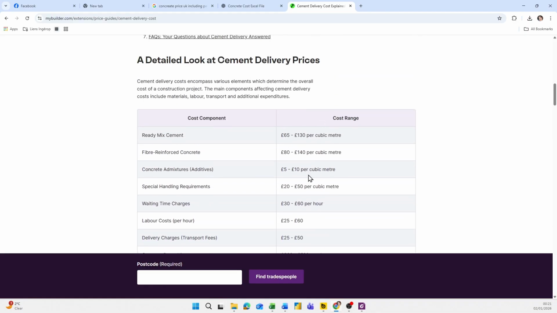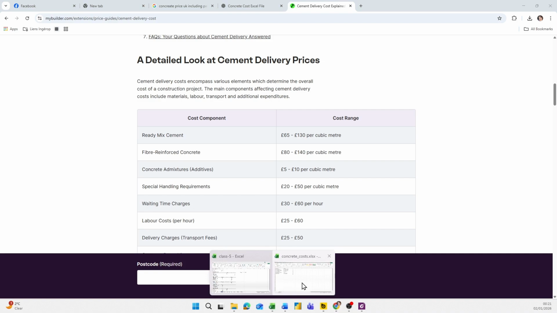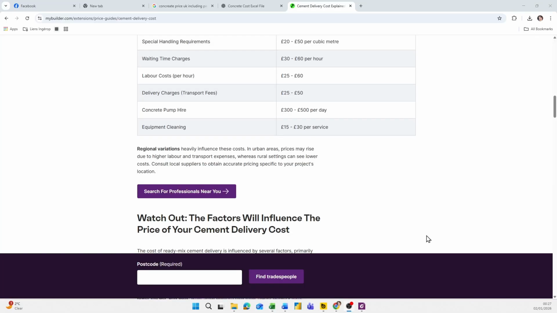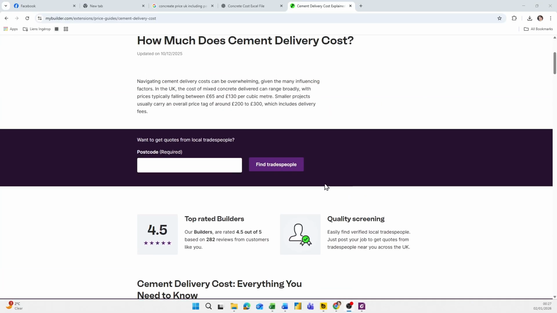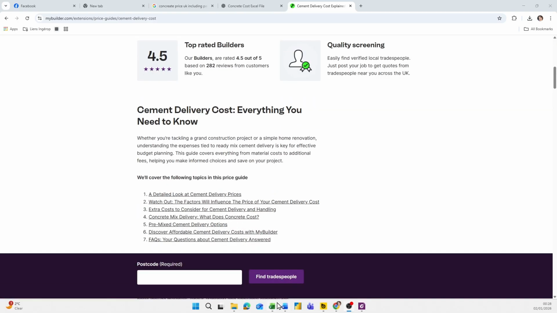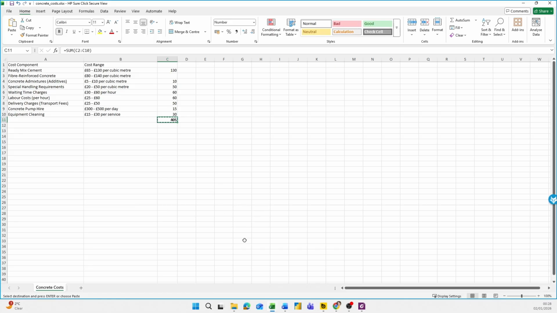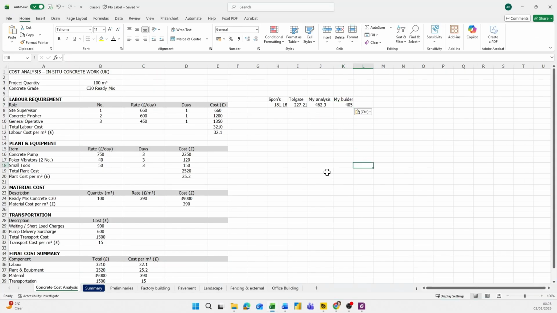So this price I already summarized. Total 405 per cubic meter. So from this reliable website, I got total price 405, and I keep it in the analysis.